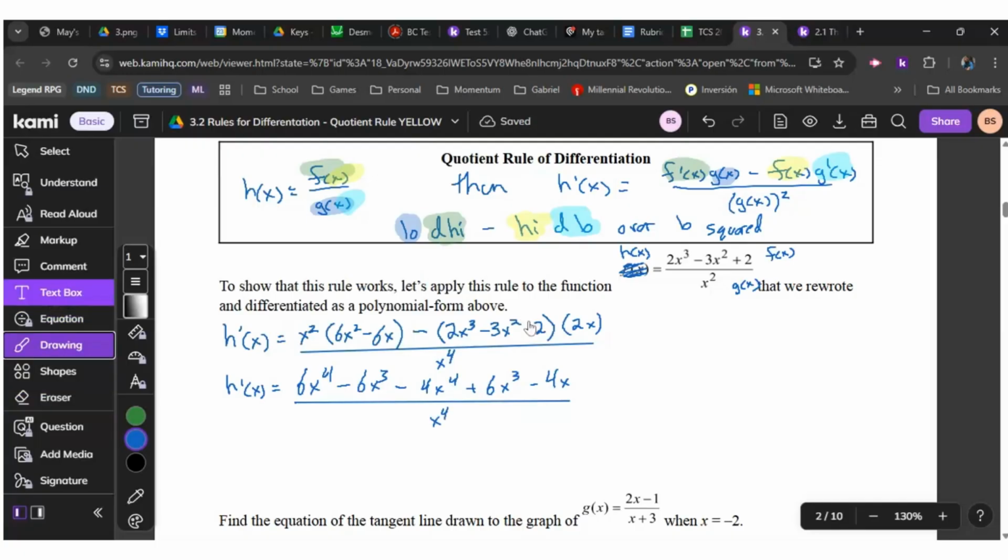Then I'm going to combine like terms: 2x to the 4th, x to the 4th and x to the 4th, x cubed. So I'm going to get 2x to the 4th minus 4x over x to the 4th.